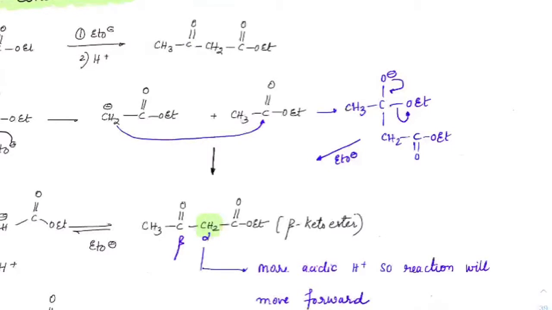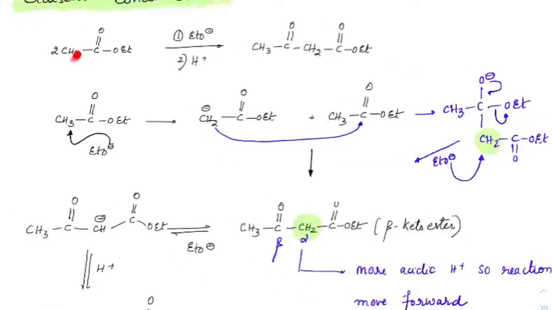And now I have a methylene group here. So EtO minus can further attack on CH2 because methylene is even more acidic as compared to that of the simple methyl group here, right? So EtO minus will further react with H plus and bring this.